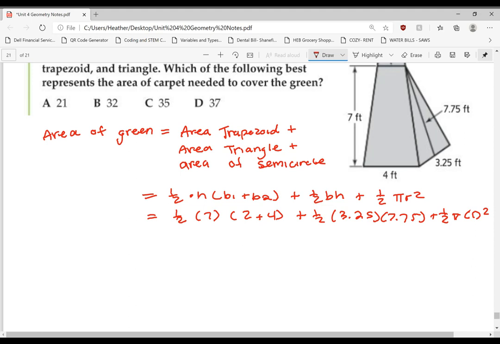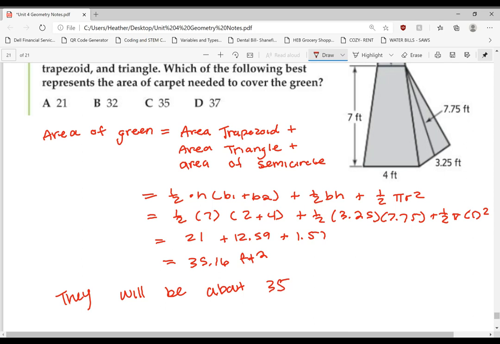If we plug that into the calculator, we get 21 plus 12.59 plus 1.57, which is equal to 35.16 feet squared. So they will need about 35 square feet of carpet. So that means the answer is C.